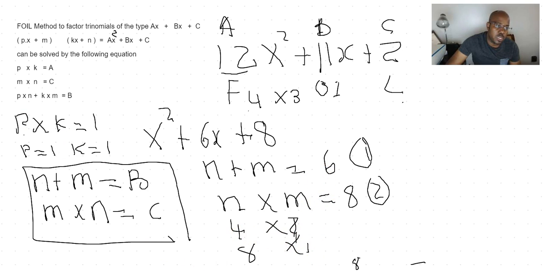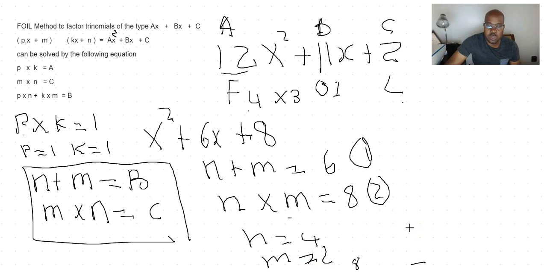So the solution that I have is n equal 4, m equal 2, and I'm done.